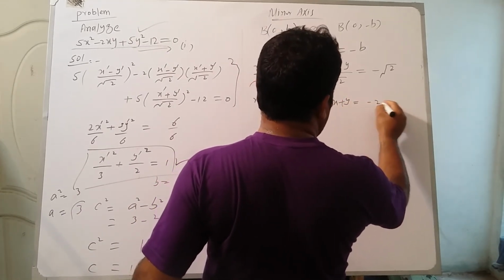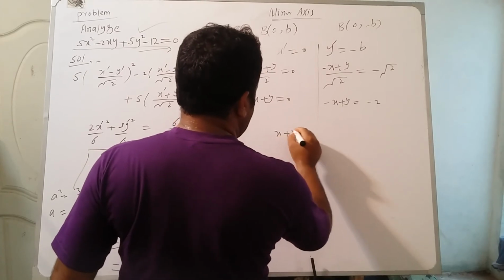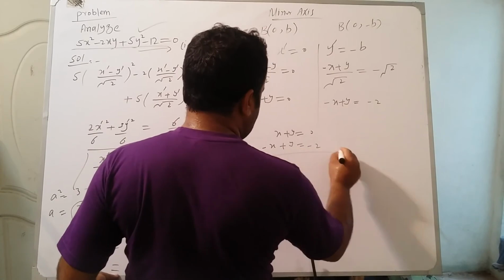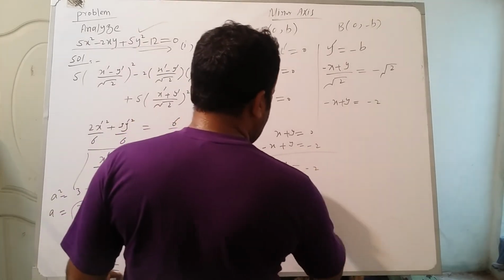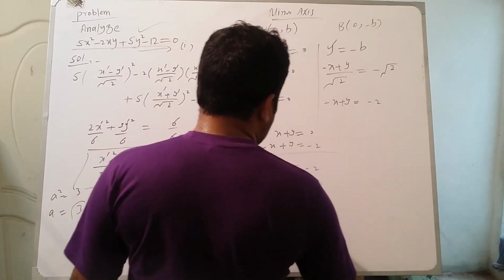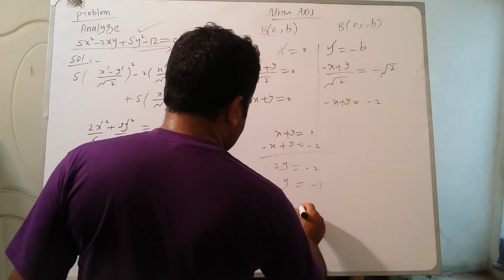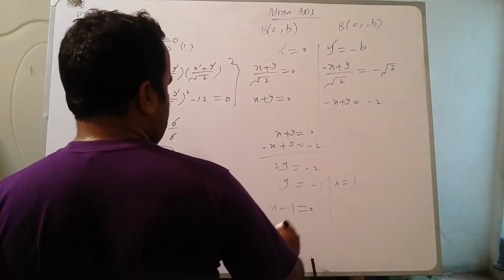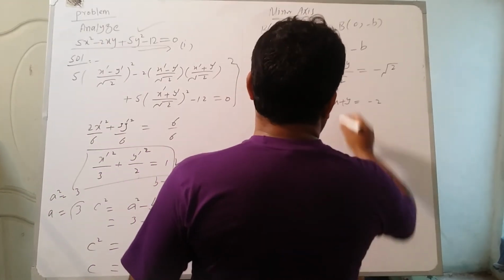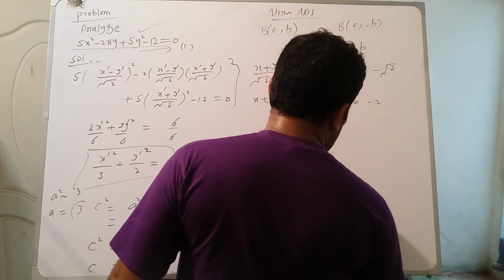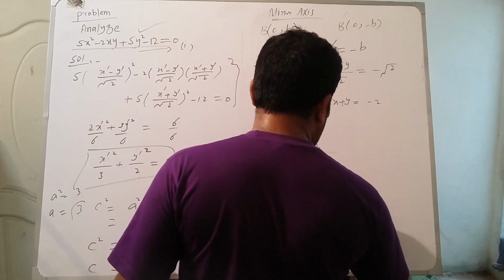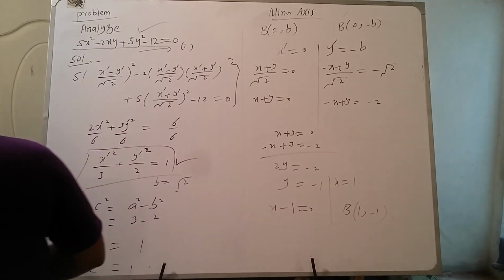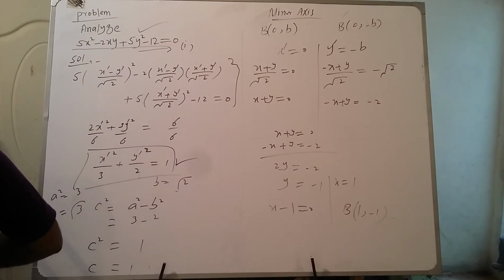So x plus y is equal to 0 and minus x plus y is equal to minus 2. So 2y is equal to minus 2, y is equal to minus 1. x minus 1 is equal to 0, this implies x is equal to 1. So B dash is x equal to 1, y equal to minus 1.